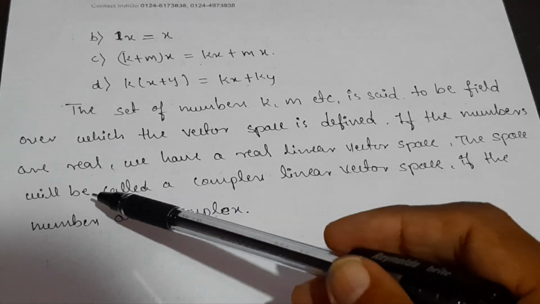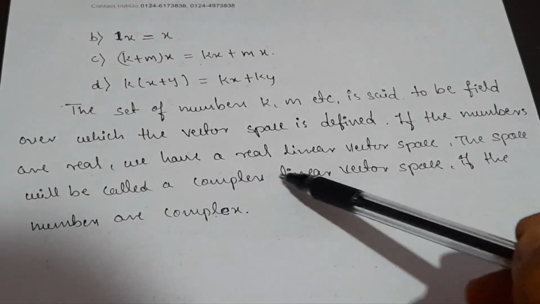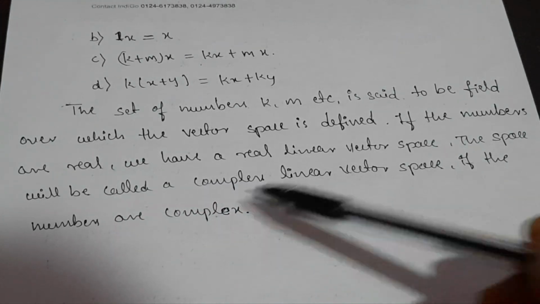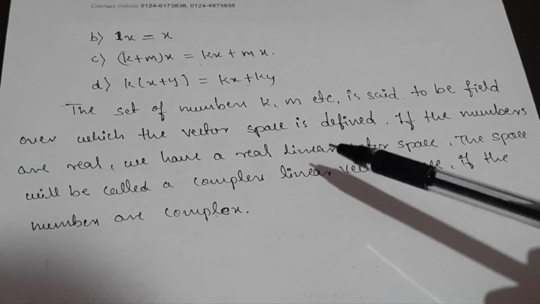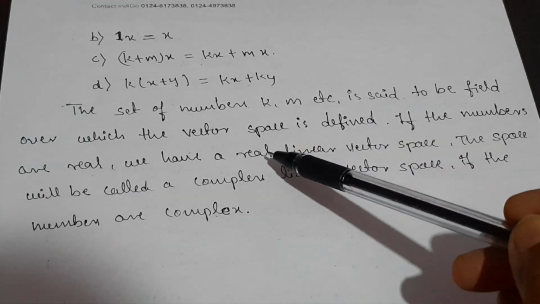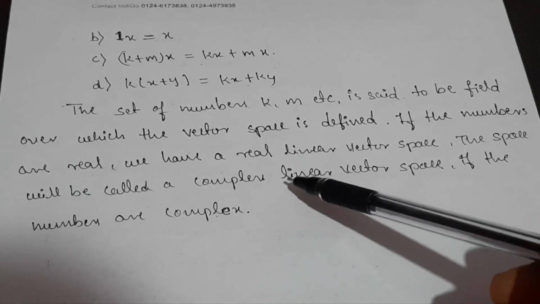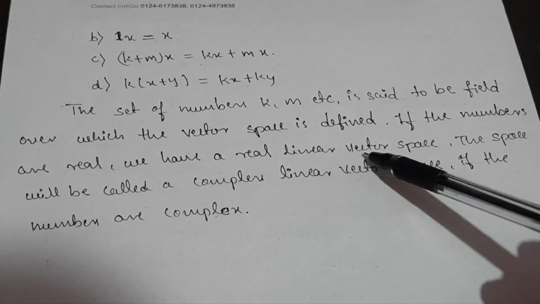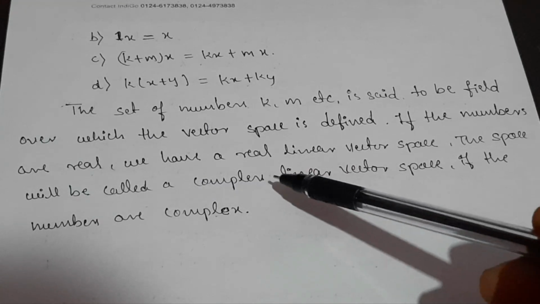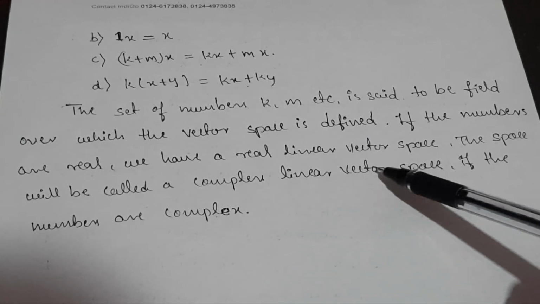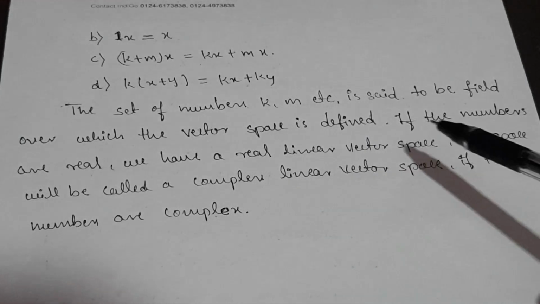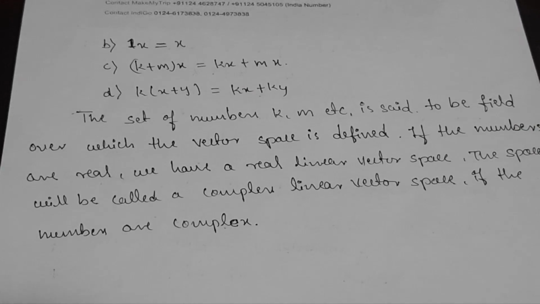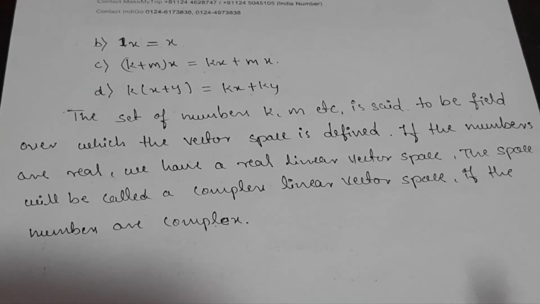If the numbers are complex, the space is called a complex linear vector space. So we have two fields, the real field and the complex field. The real field consists of real numbers, giving a real linear vector space. The complex field consists of complex numbers, giving a complex linear vector space. So this is all about the definition of linear vector space.